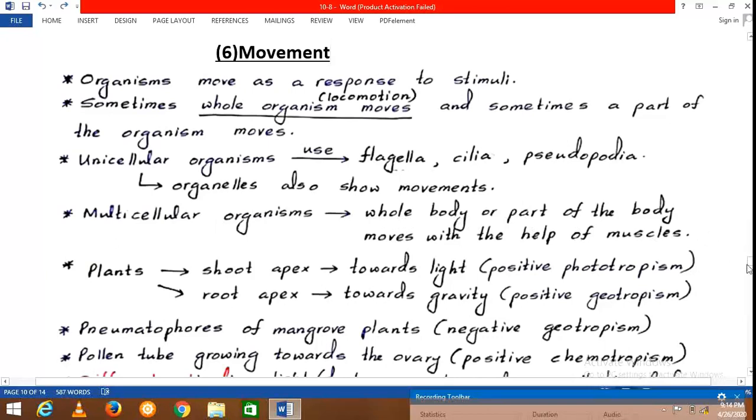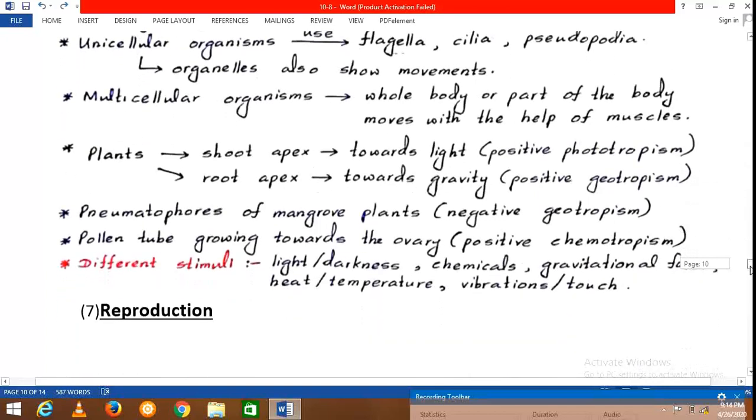If you think of your body, sometimes the whole body moves and sometimes a part of the body moves with the help of muscles. When we take plants, plants also show certain movements. As I mentioned earlier, the shoot apex moves or grows towards light.